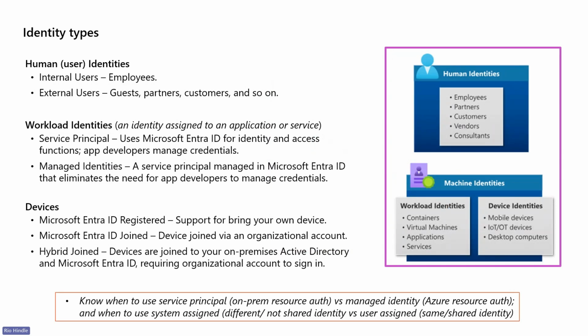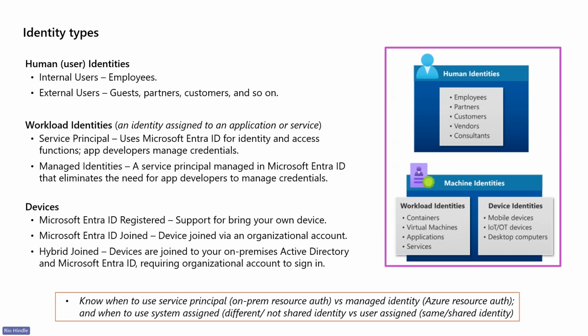So there are different types of identities within Entra ID itself. When you ask the question, what can I assign identity to in Microsoft Entra ID? There tend to be three categories, right? You can assign identities to people, albeit you. Example identities assigned to people are employees of an organization that are typically configured as internal users, and external users that include customers, consultants, vendors, and partners.